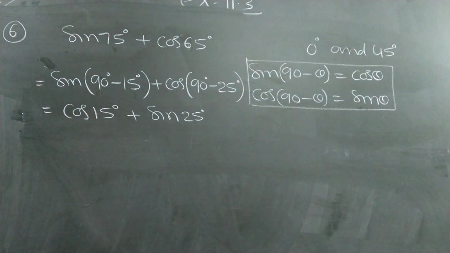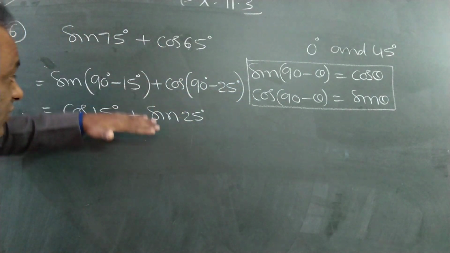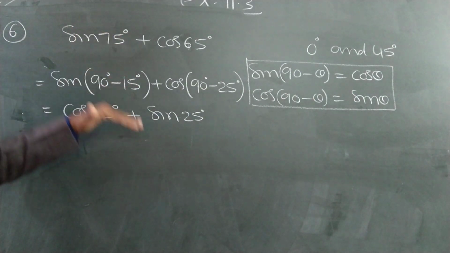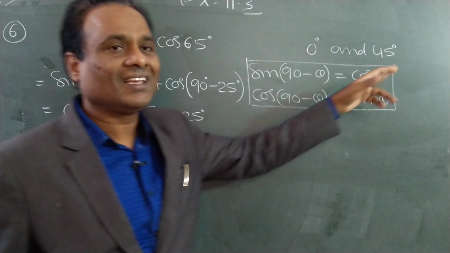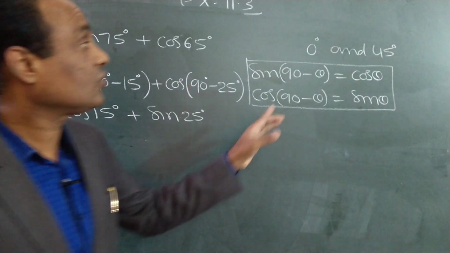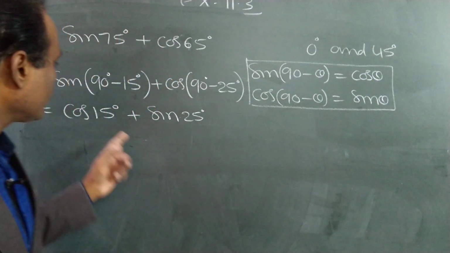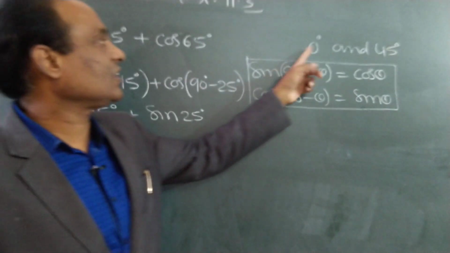So we got this. But is it okay? Yes, it is okay, because we change this into a different form such that the angles are between 0 and 45. 15 is between 0 and 45. 25 is between 0 and 45.